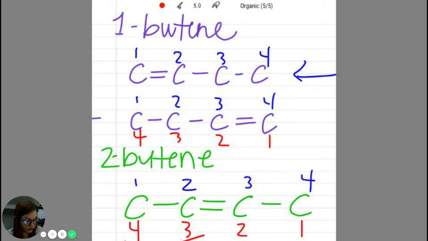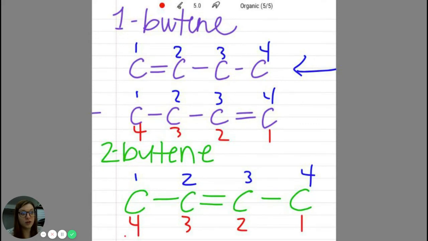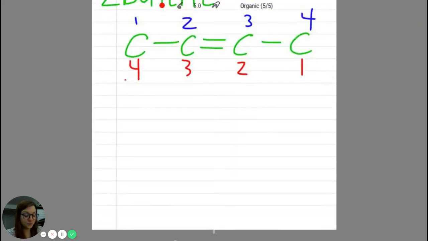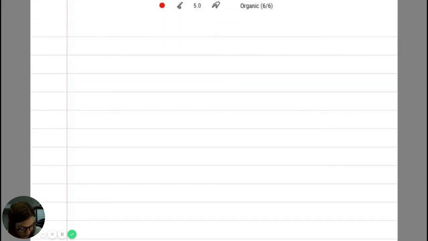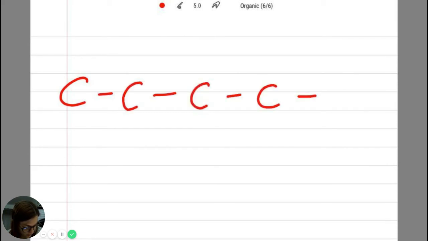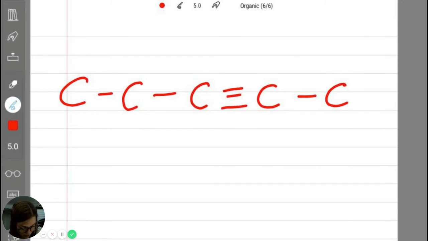So I want to draw a picture for you and give you a minute to try to figure out if you can name it on your own. Oops, that looks ugly.